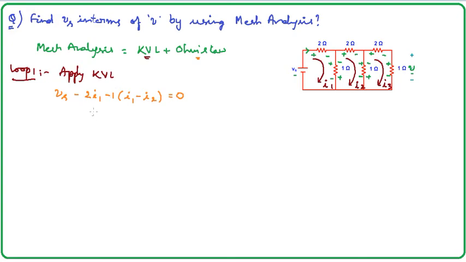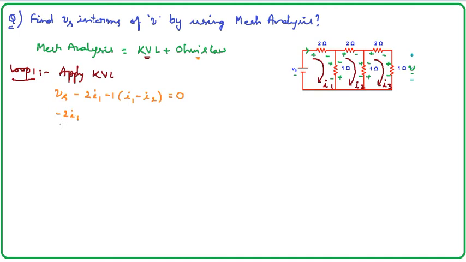Now I want to make this systematic so that I can solve it more easily. I want to write it as minus 2I1.